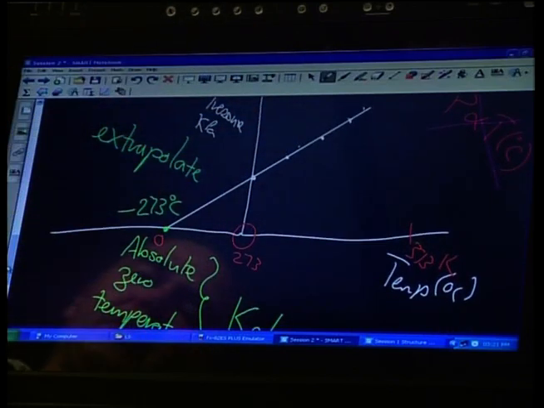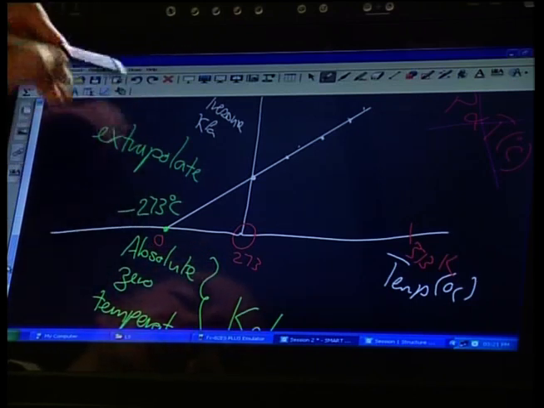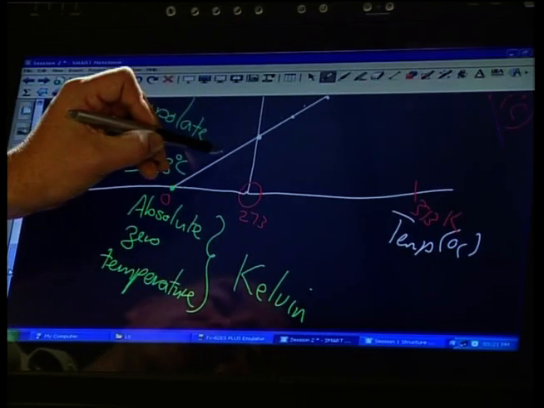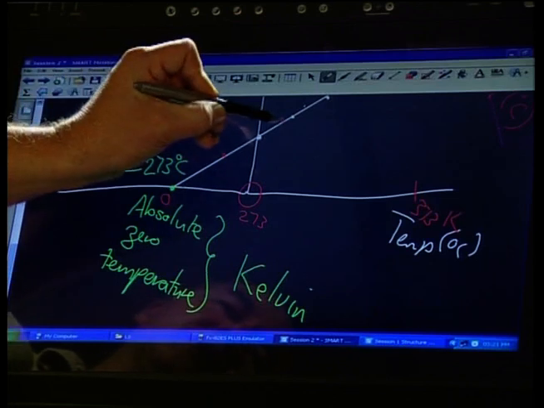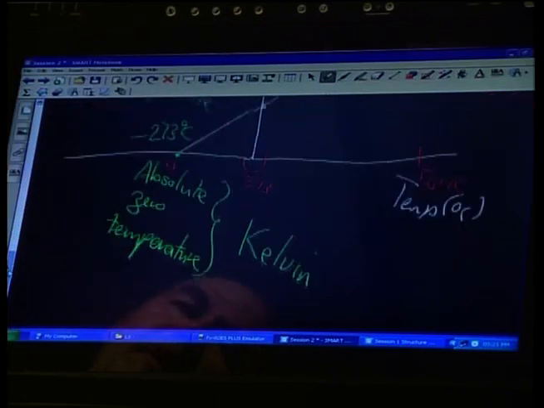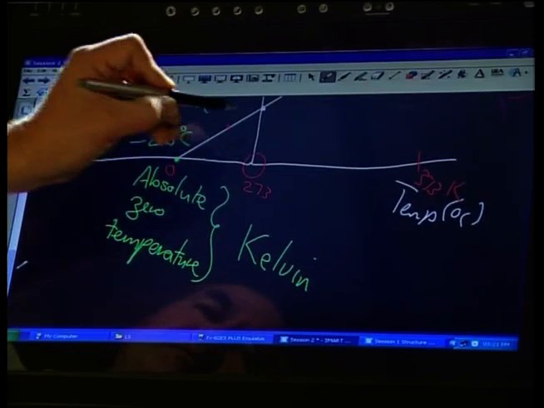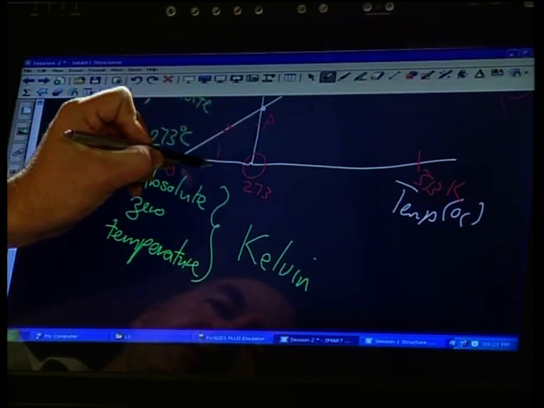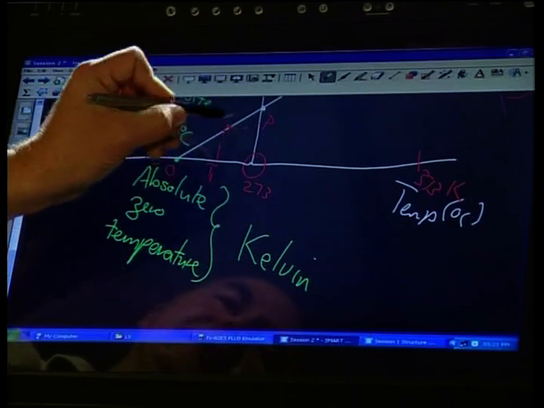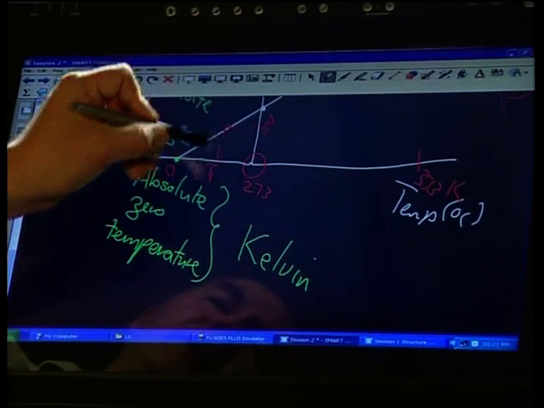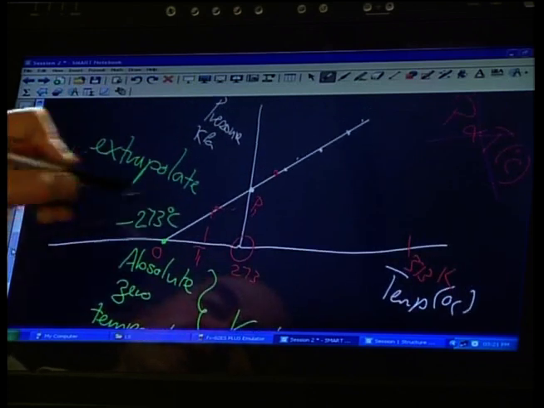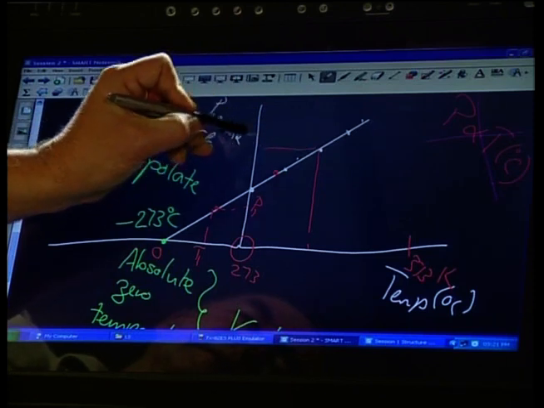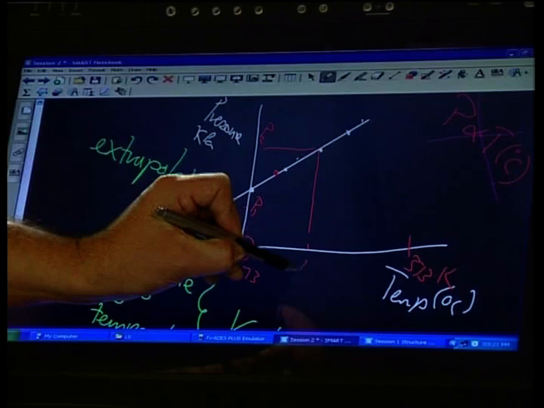When we've got the graph, we are simply redrawing it, and we know that at any point over here, the gradient of this line is constant. So if we take any pressure, call it pressure 1, and temperature 1, somewhere over there, then the value of pressure 1 over temperature 1 has to be equal to pressure 2 divided by temperature 2.